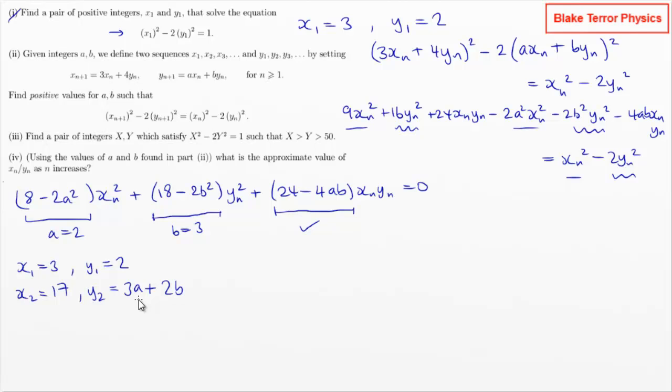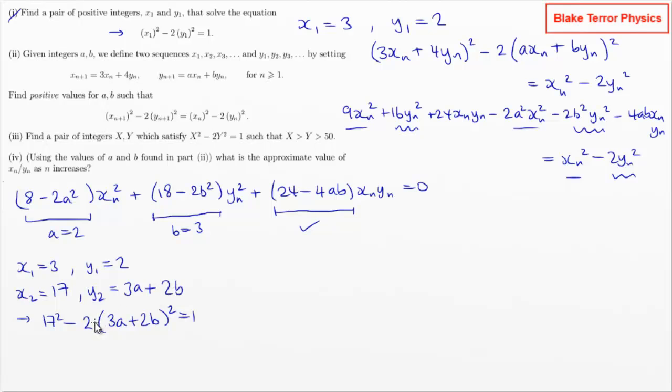And we'd be saying then that if we apply the same process, so the x1 squared minus 2y1 squared, let's do this with x2 and y2 and say that's going to be equal to 1 then. So we'd have 17 squared, that's our x2 squared, minus 2 lots of y2 squared, so that would have to be equal to 1.